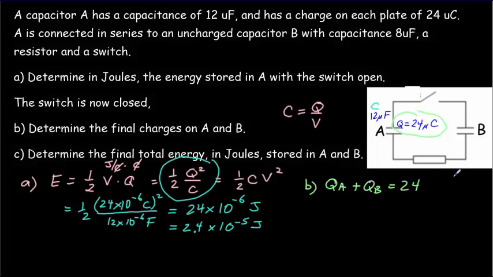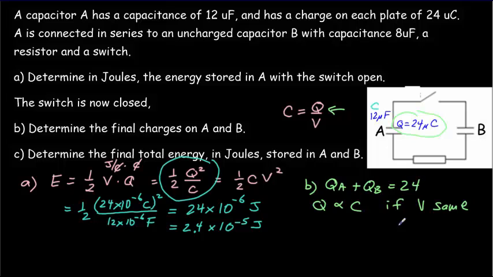We also know that those two capacitors will be at the same voltage because they're connected in parallel. So we can also say that the charge stored on a capacitor is going to be proportional to the capacitance if V is the same. Really just using this equation here. And the V has to be the same because our capacitors are in parallel.